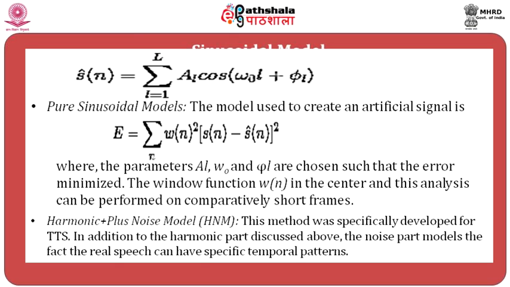It is clear that A_l represents the amplitude, omega_0 represents the frequency, and phi represents the phase. So the pure sinusoidal model used to create an artificial signal is this one, which is represented by E. The window function w(n) is the center, and this analysis can be performed on comparatively short frames.